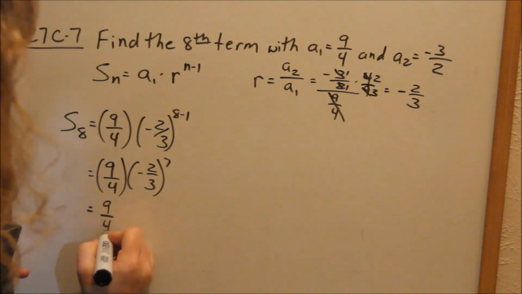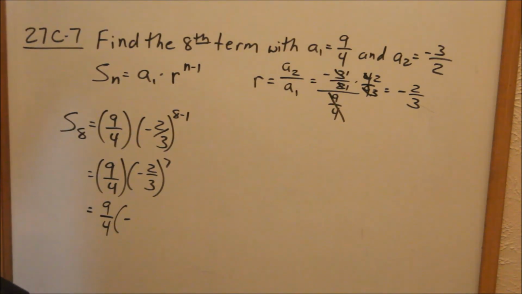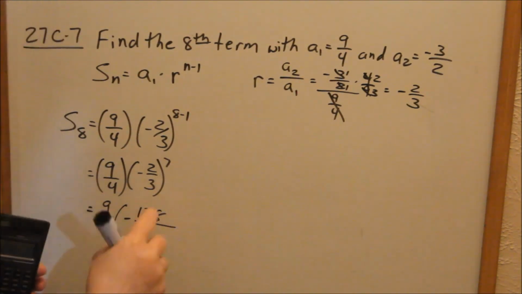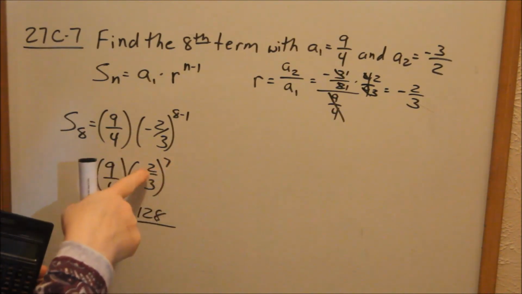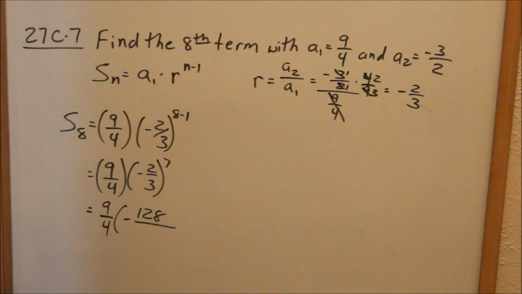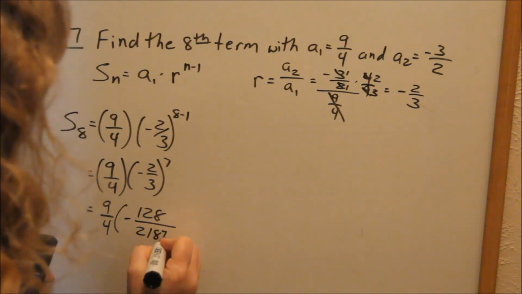So 9/4, negative 2 to the 7th is 128. So anytime you have a fraction raised to a power, you can raise the numerator to that power and the denominator to that power. And then 3 to the 7th is 2,187.